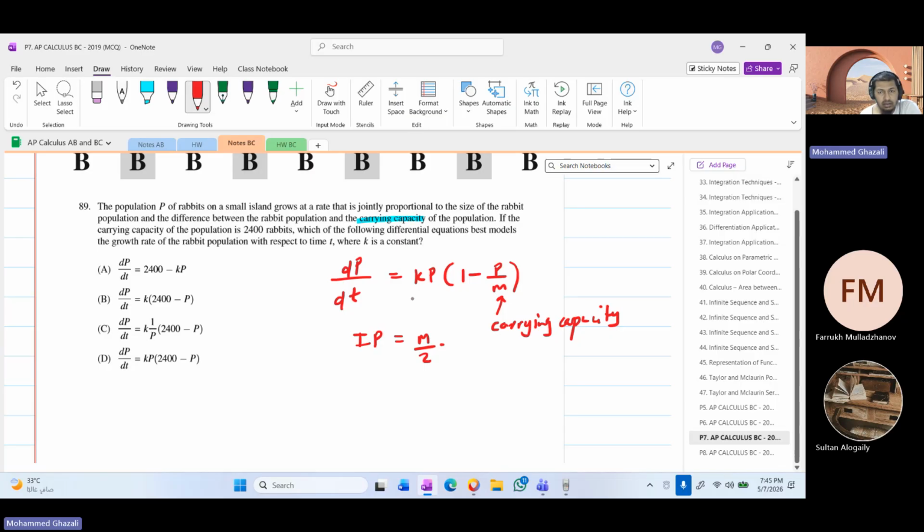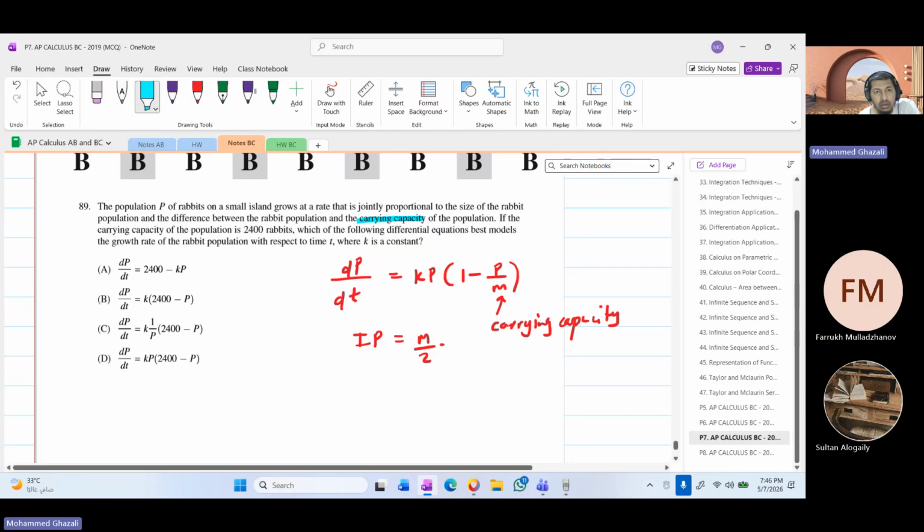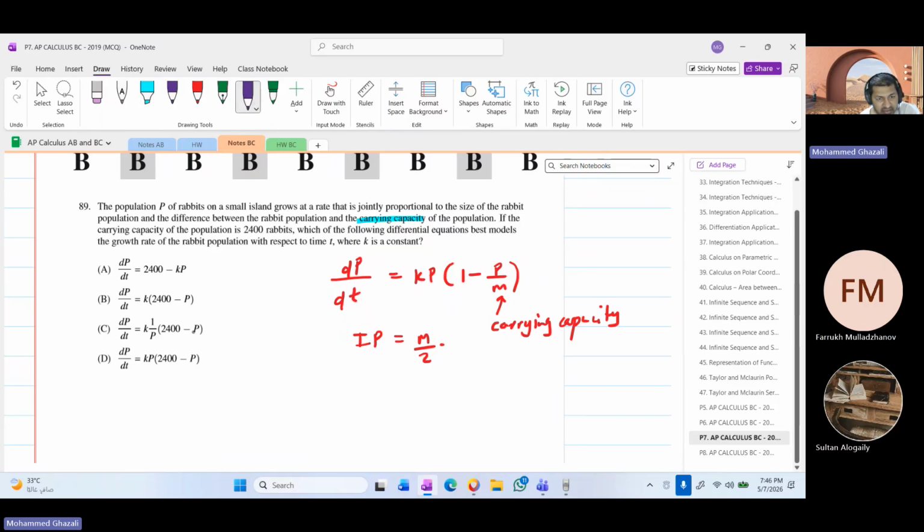Now, we are looking at a possible model for this, so obviously we need to look at a model of this form, with carrying capacity. There's nothing over M here. It's definitely not 1 over P. If you're writing 1 over P here, that's incorrect, because 1 over P times 2,400 is 2,400 over P, that's minus 1.